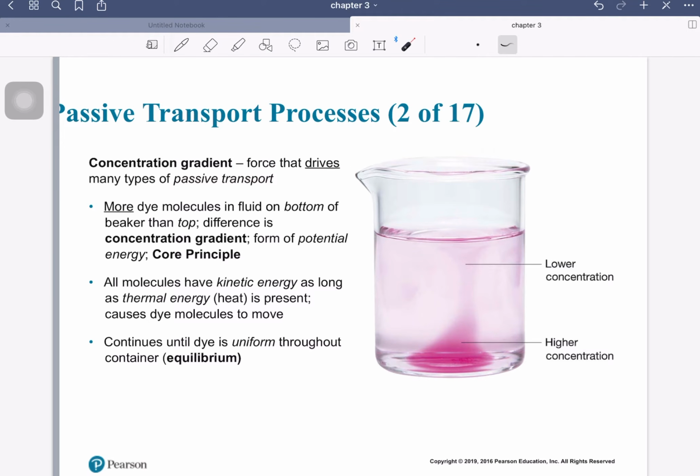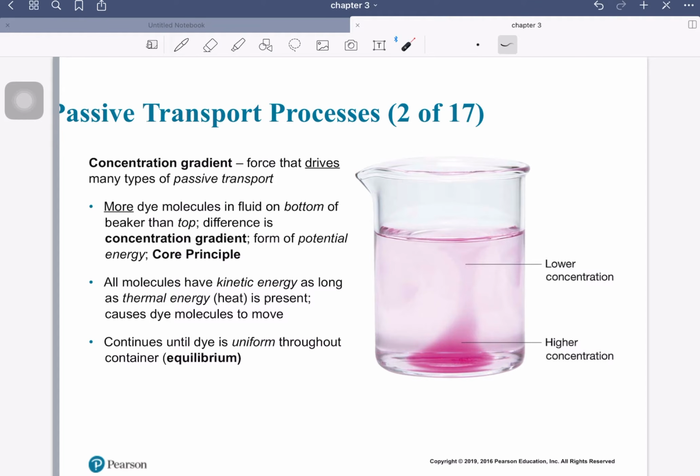The example that's given here is if you put a drop of dye in clear water. Over time, if it's red or pink dye, you'll notice that it diffuses from the area of high concentration to areas of lower concentration. So there are more dye molecules in the fluid on the bottom of the beaker than the top.